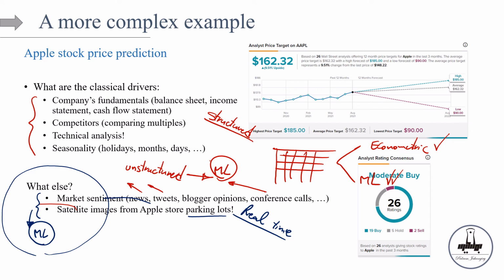Sometimes, however, you're dealing with structured data and you have to make a decision. Do you want to work with a simple model? And by simple, I mean less complex, and be able to interpret things? If that's the case, use econometrics. Or if you want to make pure predictions, in that case you're going to do machine learning.